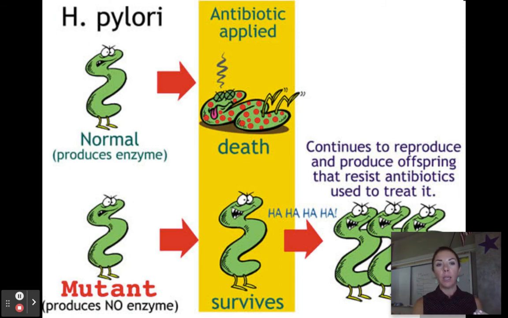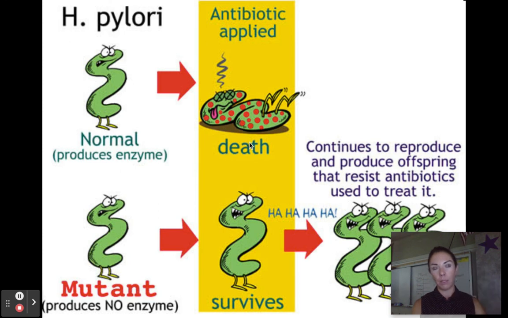Here's how it works. Here's my normal bacteria. I give it the antibiotic because it's going against this particular protein in it, and it kills it off. But sometimes there's a mutant type of that bacteria, so it has a mutation, and it doesn't produce that enzyme that my antibiotic is attacking.